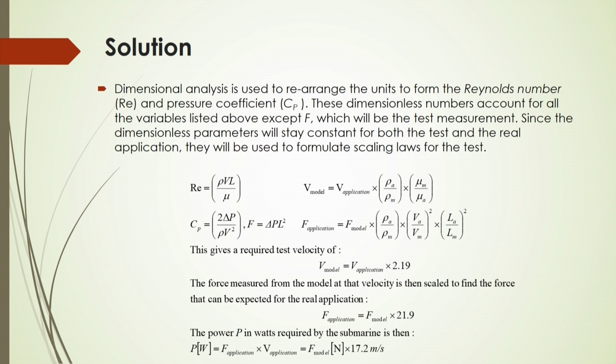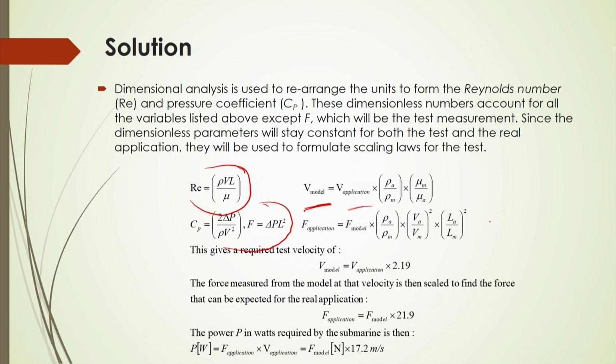So, as per dimensional analysis based on the variables we are getting the Reynolds number as one dimensionless group, and also Cp, which is called the pressure coefficient here, and you then have to use the similarity laws. In this case, what will be the velocity of the model and the velocity in the real application?